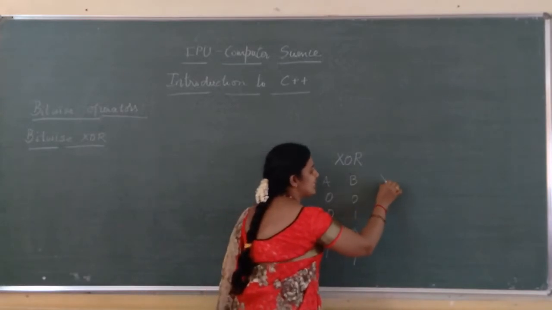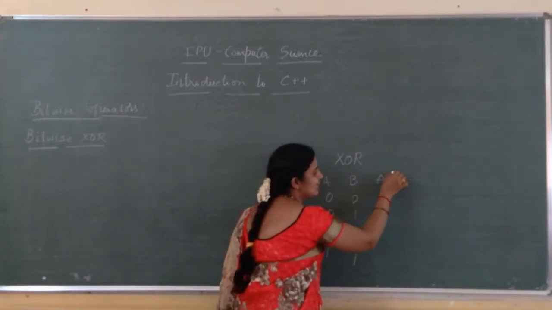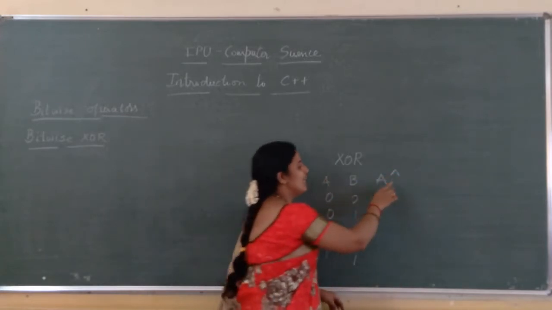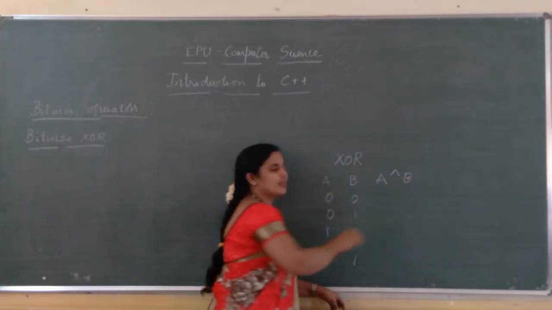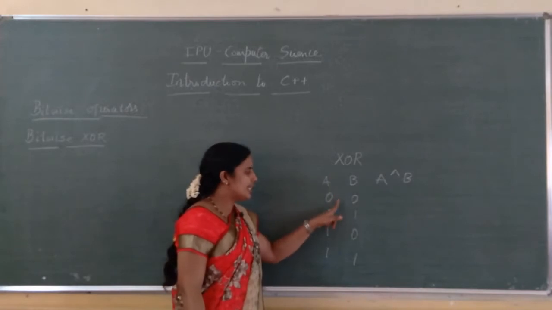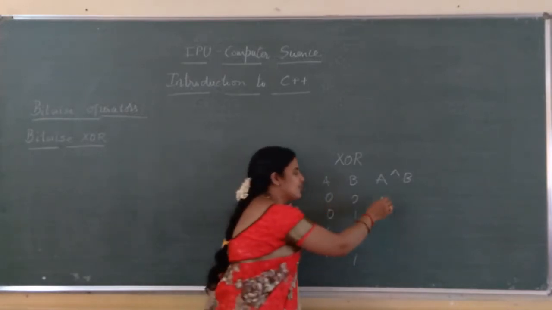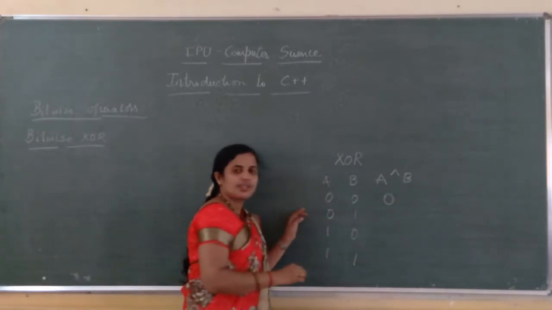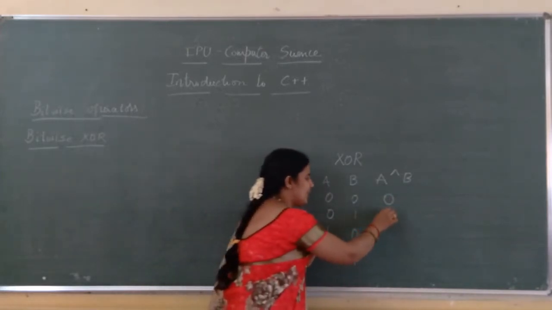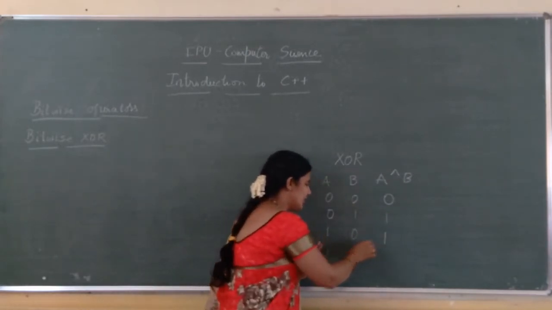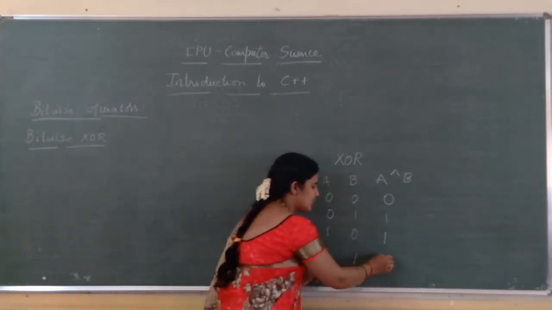This is the symbol used for XOR, A XOR B. Here 0 0 gives A XOR B as 0, 0 1 gives 1, 1 0 gives 1, 1 1 gives 0.